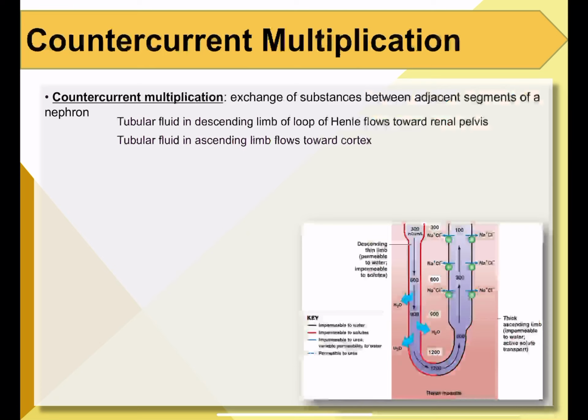In the loop of Henle, you have what's called the countercurrent multiplication, where exchange of substances between these two segments of the nephron is promoted by each other. You have your thick ascending limb and your descending thin limb here.